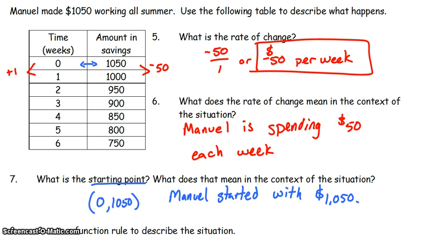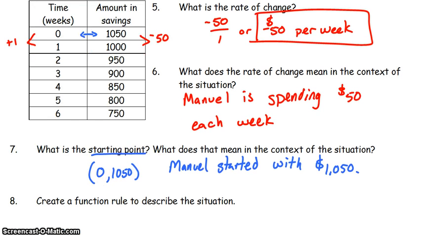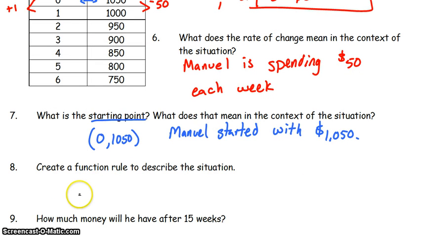We looked the other day at function rules and how I can pick the rate of change or the slope out of a function rule, and how I can pick the starting point out of the function rule. We can do the same thing in reverse. Remember, as long as we had our equation in function form, we were able to pick out the rate and the starting point.